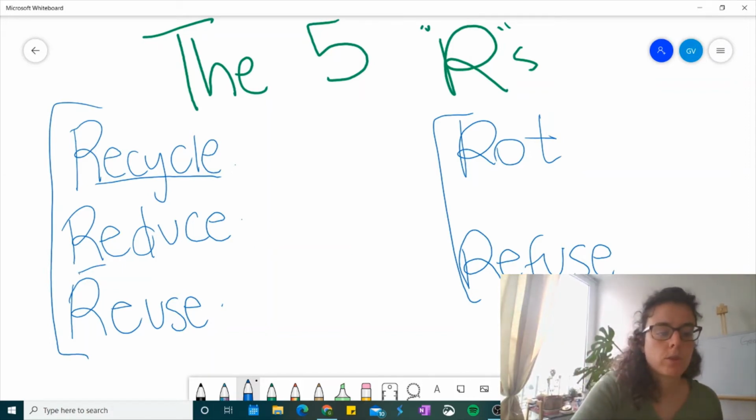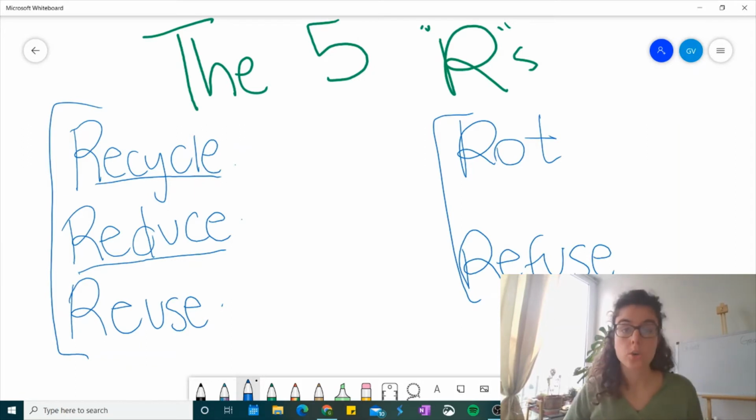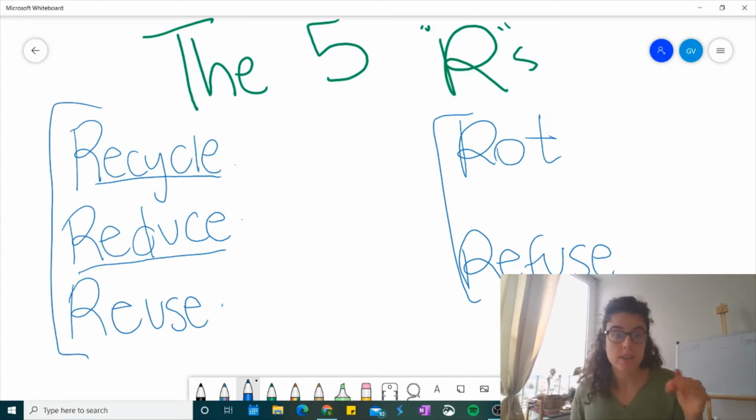Then we have reduce. So to reduce means to use less of something. For example, I want to reduce the amount of candies I eat. If I want to reduce the candy I eat, it means I want to eat less candy.